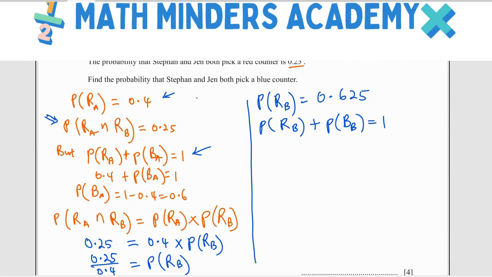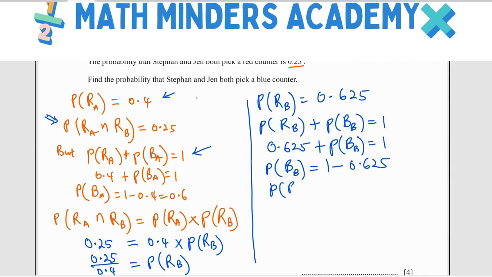So now, the probability of picking red from bag B is 0.625, so this is 0.625 plus, we don't know the probability of picking blue from bag B. So the probability of picking blue from bag B is going to be 1 minus 0.625, okay? So the probability of picking blue from bag B is going to be 0.375.